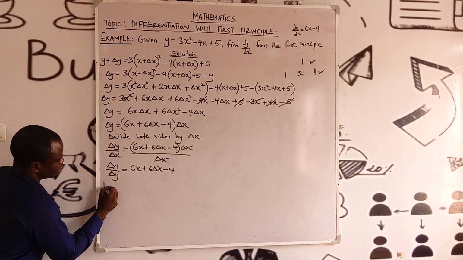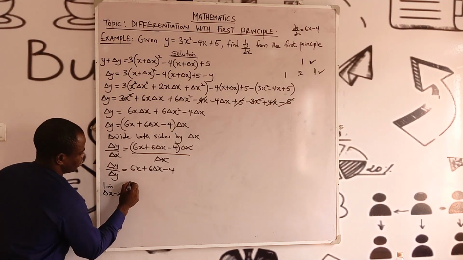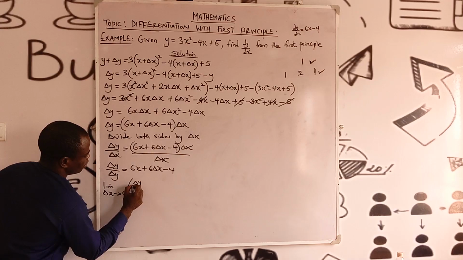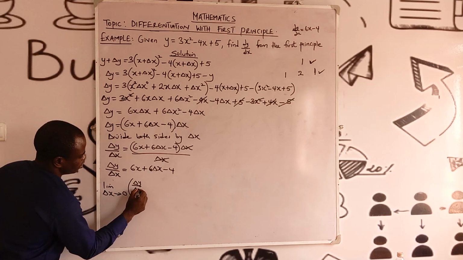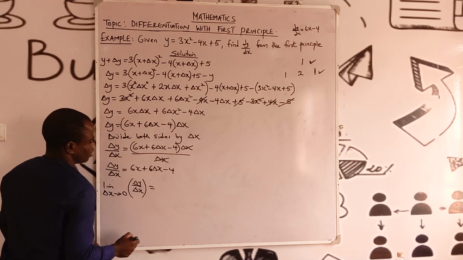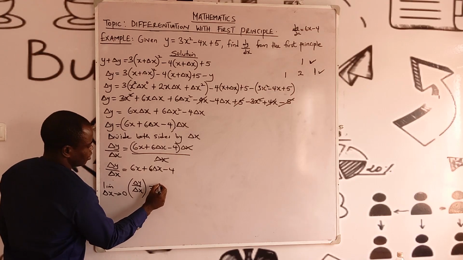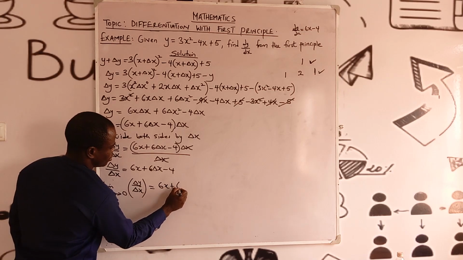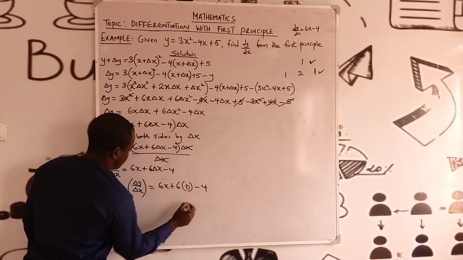Now limit as dx tends to 0 of delta y over dx. That is, anywhere you have dx, you replace it with 0. We have 6x plus 3 into 0 minus 4.